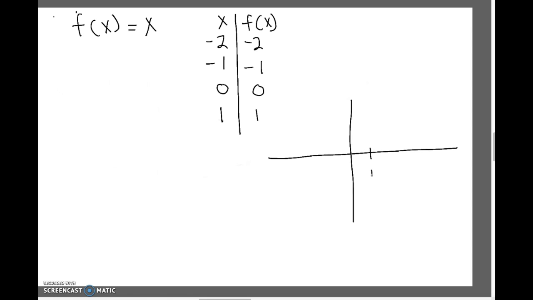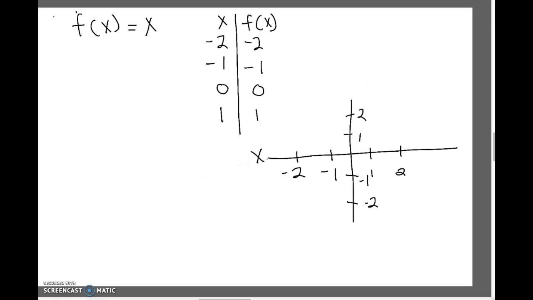I'm just going to label our x-axis with -2, -1, 1, 2, and the vertical axis with 1, 2, -1, -2. If we go to our x value -2, we see that the function evaluates to -2.